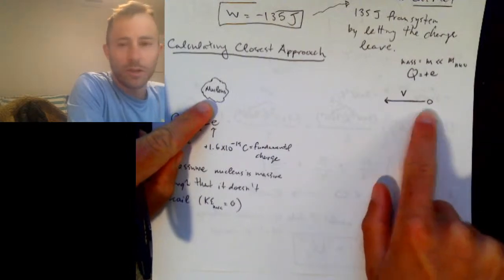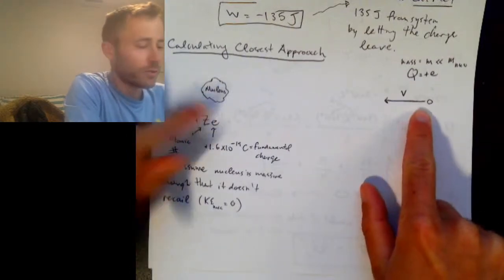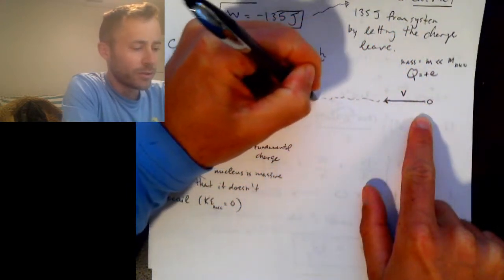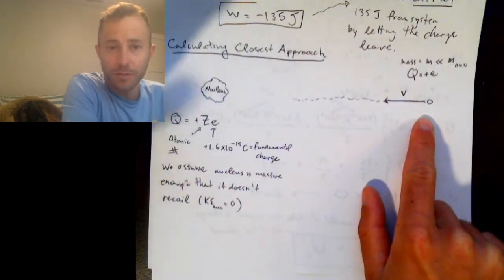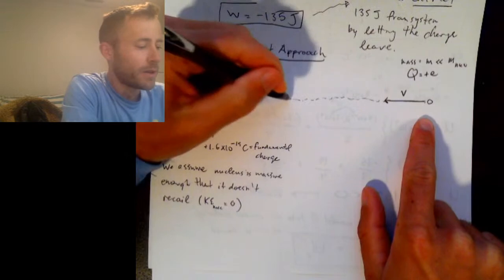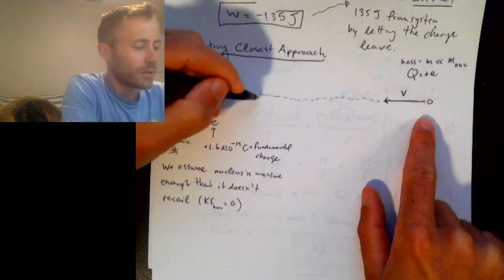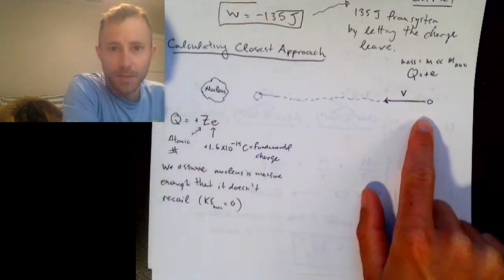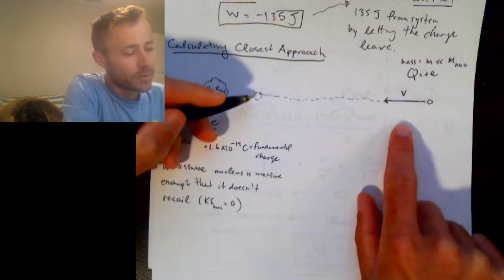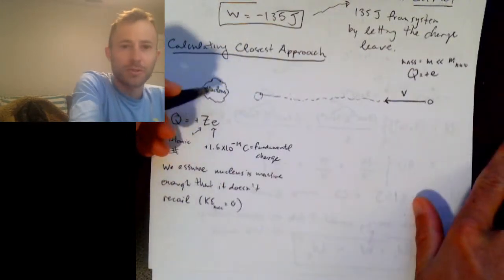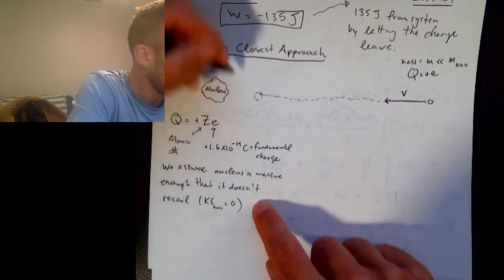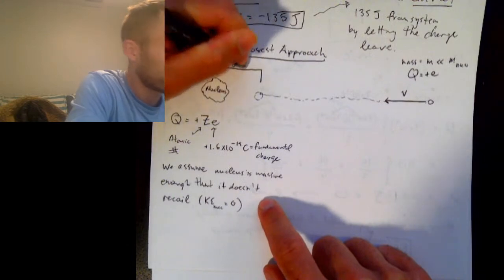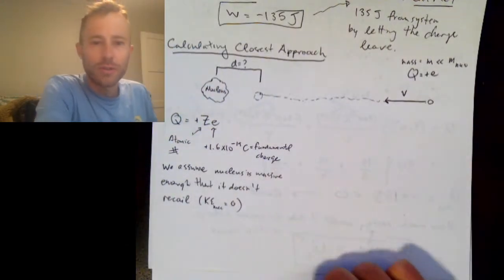This approaching charge is going to get closer and closer, and as it gets closer, it's being repelled, so it's going to slow down, and eventually it's going to come to a distance of closest approach, and it's going to stop. Once it's stopped, it'll get pushed back in the opposite direction. So what we want to do is find this distance of closest approach, and we are going to use conservation of energy to do that.